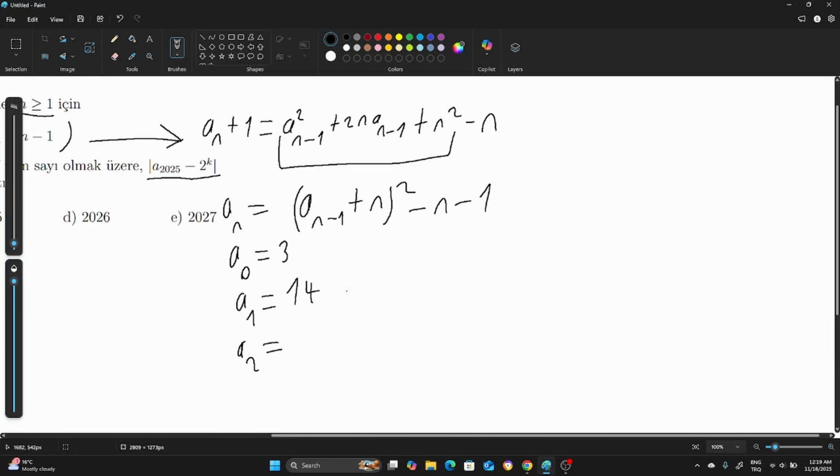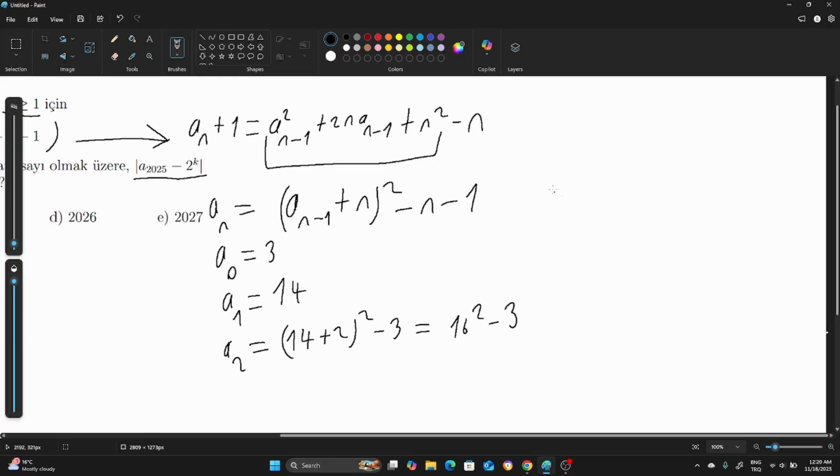Now here is where things get interesting. Let's plug 14 in. We are getting 14 minus 2 squared minus 2 minus 1, which we can write as minus 3, right? So this is gonna be plus 2, which is gonna be 16 squared minus 3, right?